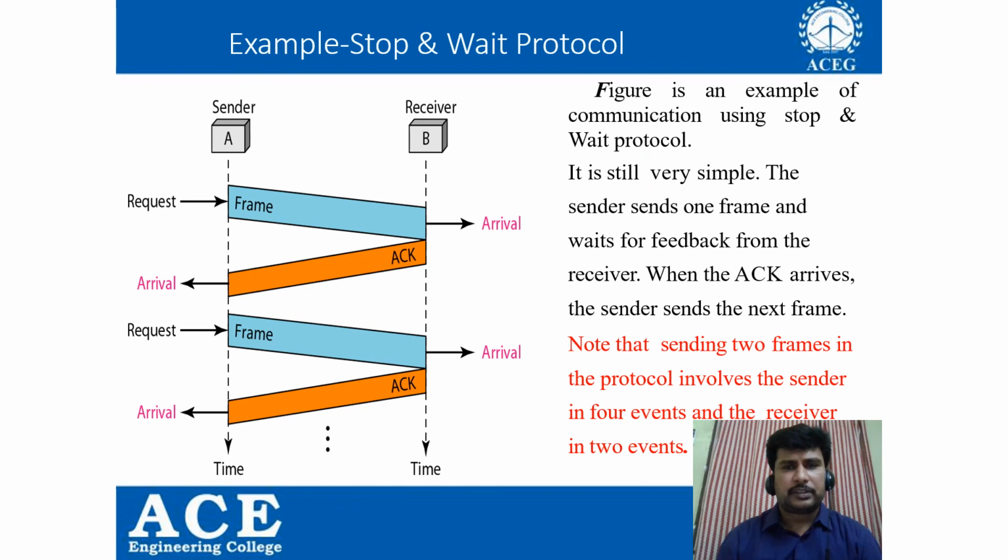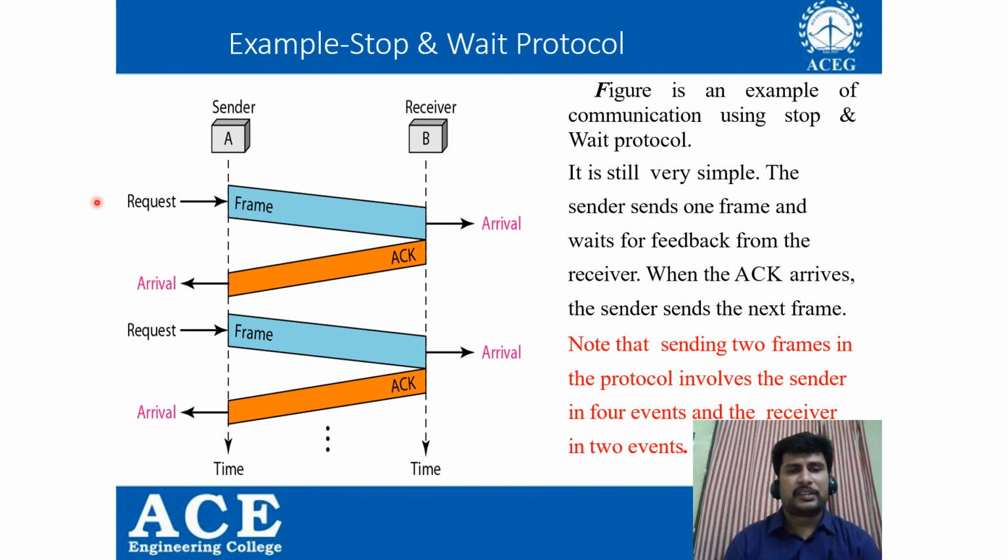To understand the stop and wait protocol, let us consider a simple example. Here we have a sender referred to with a variable A and the receiver referred to with a variable B. And here the communication is happening using stop and wait protocol.